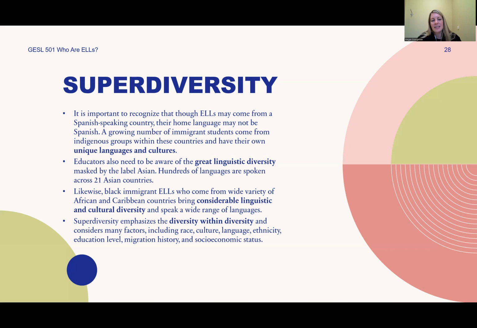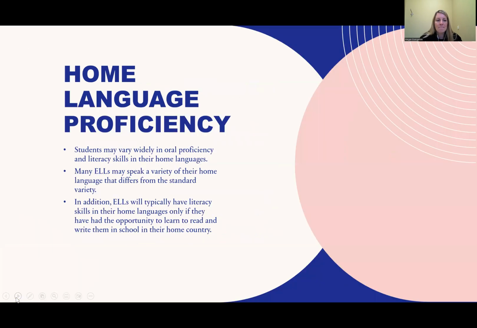So super diversity has emphasized that there is diversity within diversity, and we have to focus on the many factors that play a part, including race, culture, language, ethnicity, education level, migration history, and socioeconomic status.